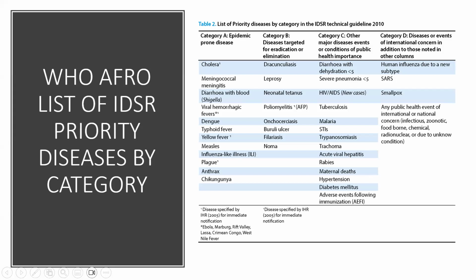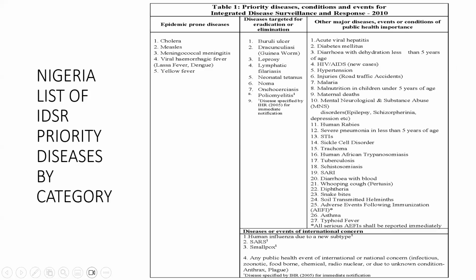So diseases that are likely to take on national or international dimensions, that are likely to become pandemics, that are likely to have an international response. We also want to put them under those categories. So it would be good for you to know a couple of examples under each of those categories of diseases as we had them in 2010.